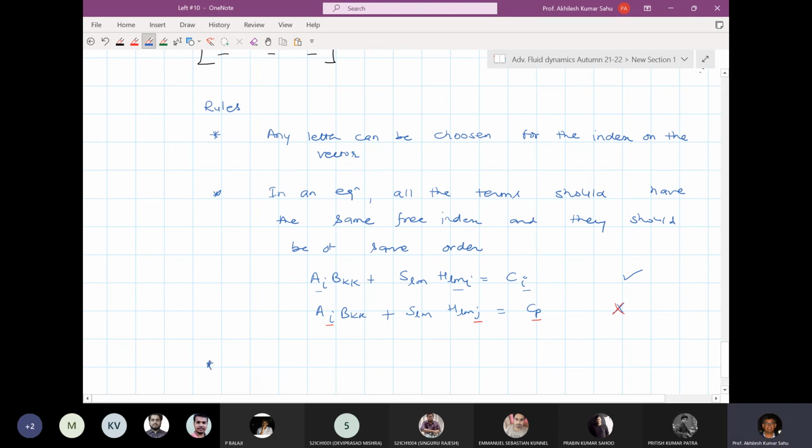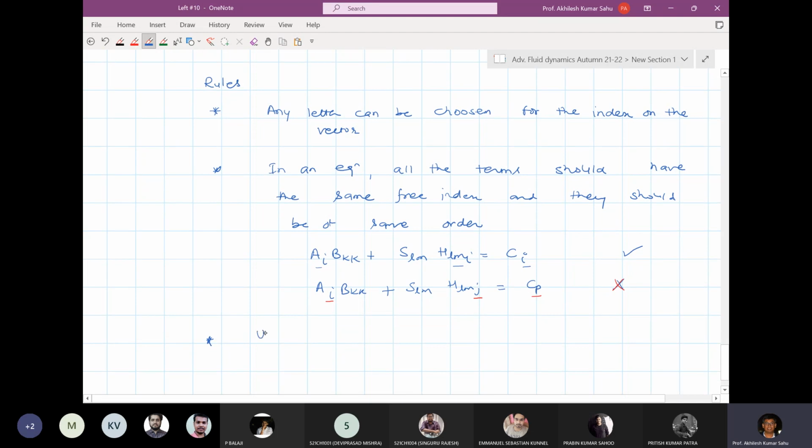Unrepeated index or free index is the fundamental direction. Okay, and repeated index shows dot product.